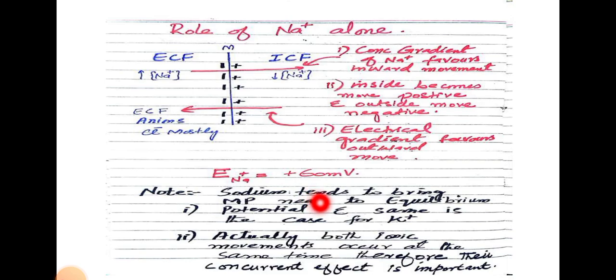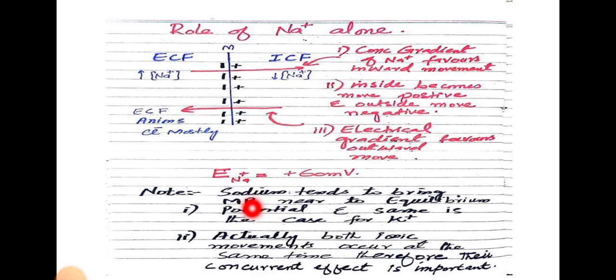The point to remember here is that sodium tends to drive the membrane potential towards its own equilibrium potential, and similarly potassium tends to drive the membrane potential towards its equilibrium potential.